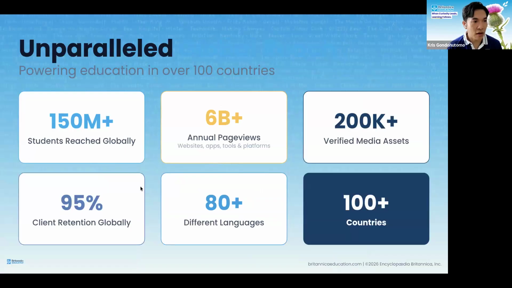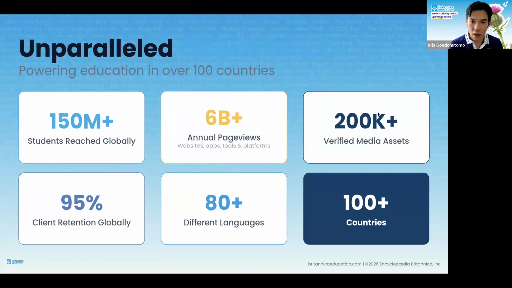Okay, now, I'm pretty sure a lot of you already know Britannica Education, but in case you're pretty new to it, Britannica itself has been around for more than 250 years, and we have been in the business of providing factual information to people.